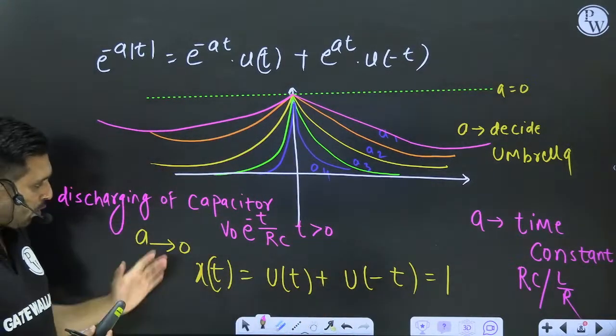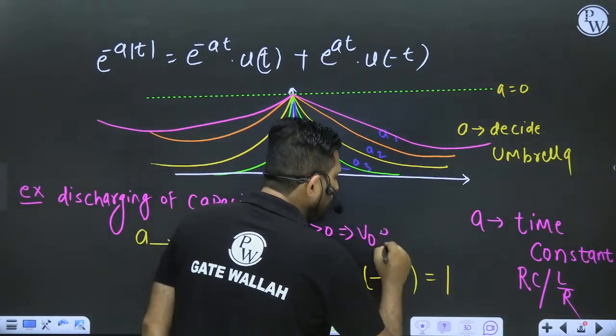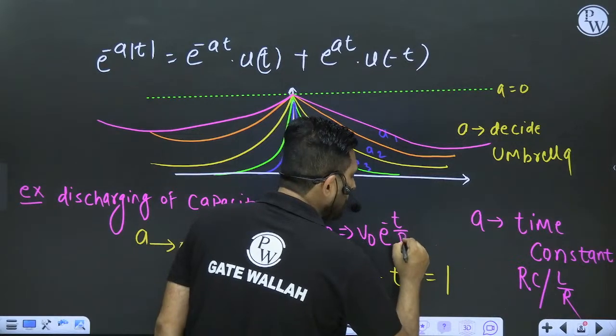So the whole thing you can write as V naught e to the power minus T by RC into u(t).